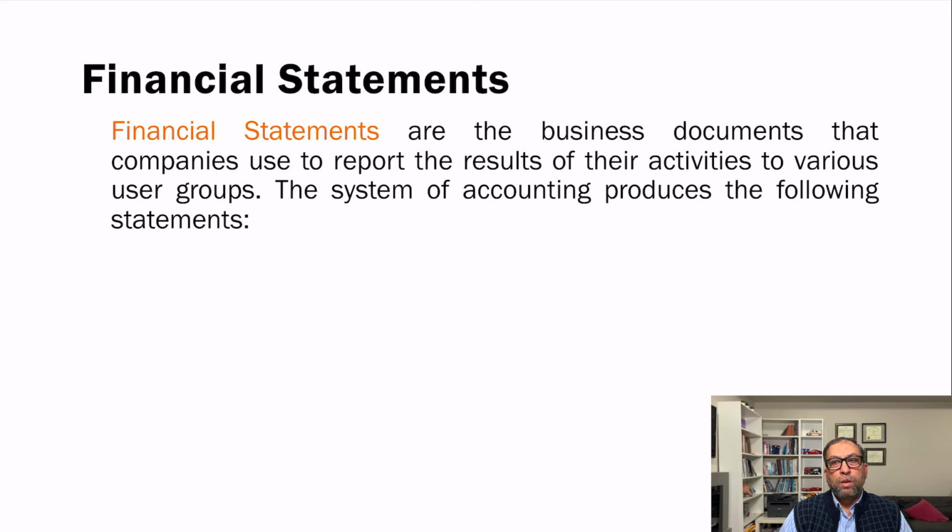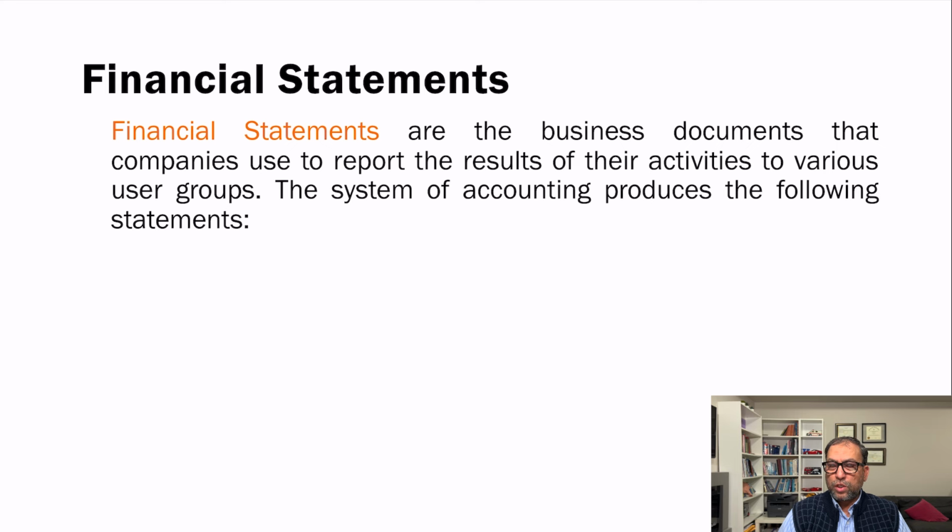After this accounting process, when you do some transactions, we have to record them, and then at the end of the period we transfer those transactions from journal to ledger, and from ledger to trial balance. From trial balance, we prepare an adjusted trial balance, and finally we start preparing the financial statements.